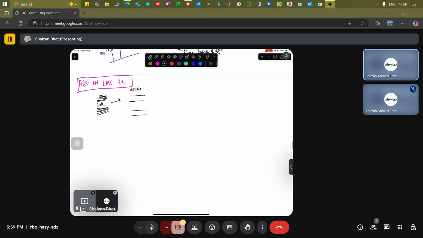Let's say, for example, if you have gallium arsenide, and if we talk about the band gap of bulk gallium arsenide, let's say, for example, it's 1.2 electron volt. But if you make a quantum well out of this gallium arsenide, like this, you will see that the first energy level will be here for the electron, and this is for the holes.